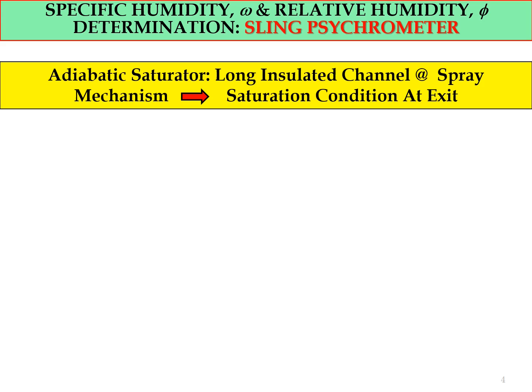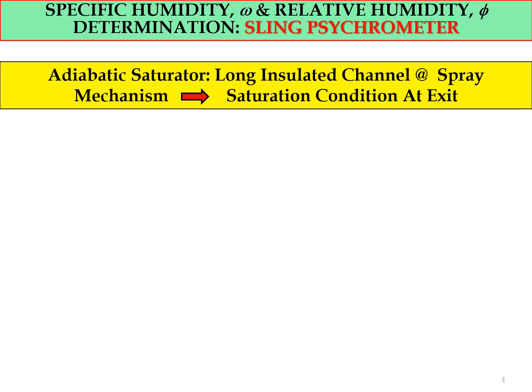To make sure that the condition at the outlet is saturated air, the adiabatic saturator can be a long insulated channel, or we can use a channel with a spray mechanism, to make sure of saturated air at the exit of the saturator.